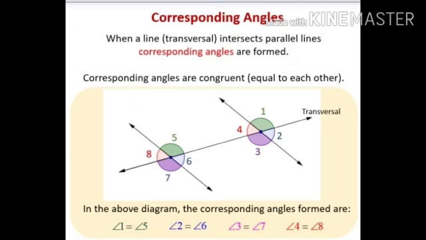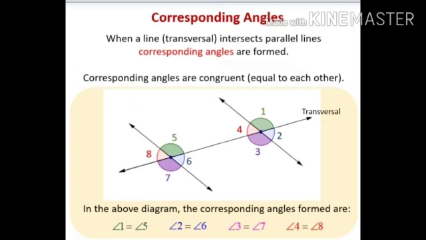Similarly, the other pairs of corresponding angles, that is angle 4 and angle 8, angle 3 and angle 7, are also congruent angles.